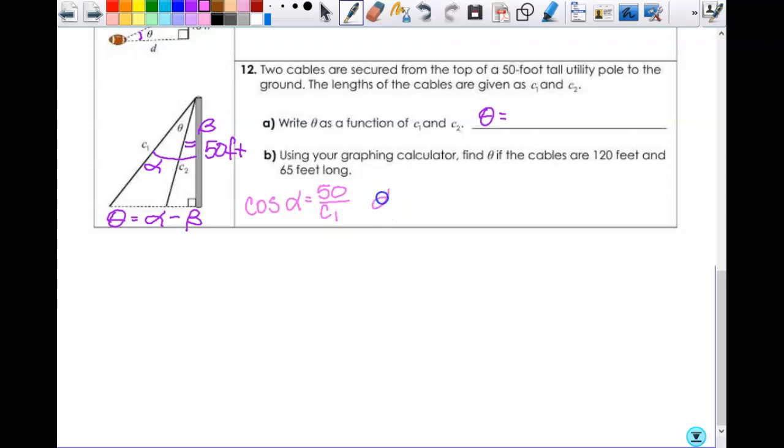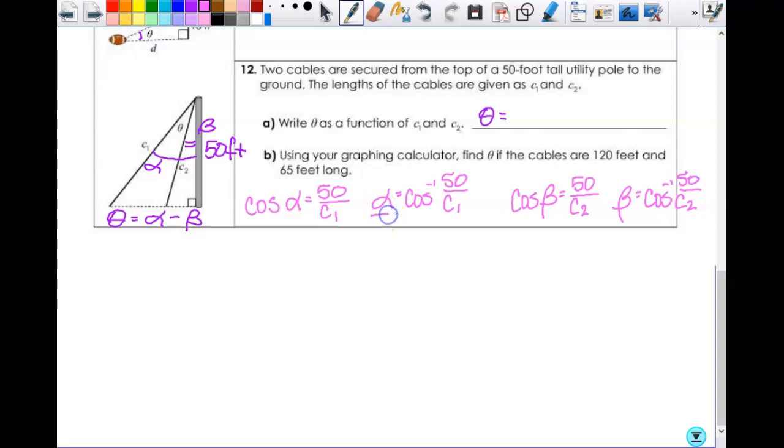So alpha is equal to the cosine inverse of 50 over C1. Then I need to find beta, so I can use cosine again. The cosine of beta is equal to the adjacent over the hypotenuse, which is C2. So beta is equal to the cosine inverse of 50 over C2.